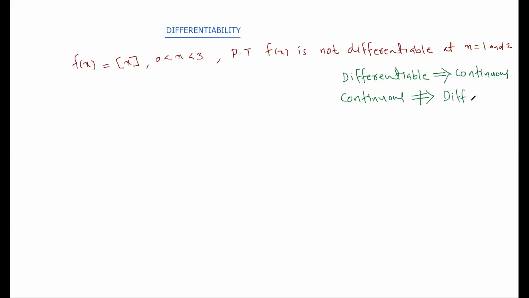If continuous, there is no guarantee that it is differentiable, because we saw an example, f of x is equal to mod x. It is continuous, but it is not differentiable at x equals 0. But if not continuous, then it is definitely not differentiable.